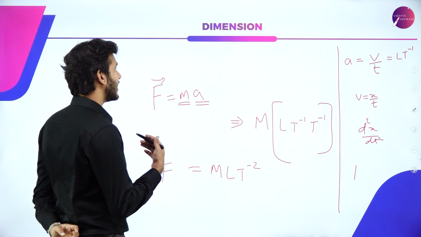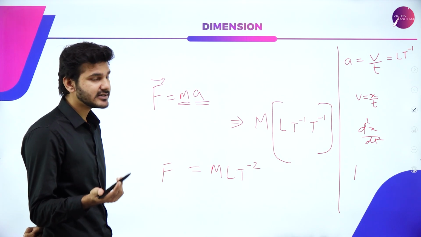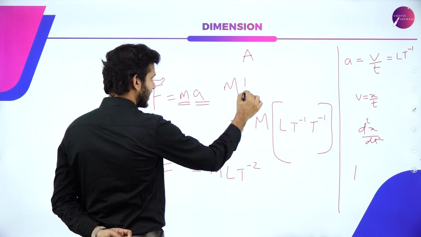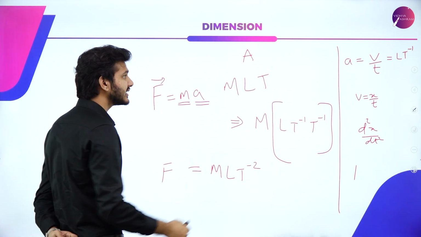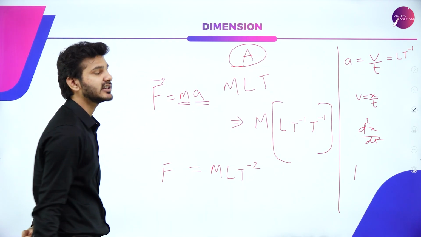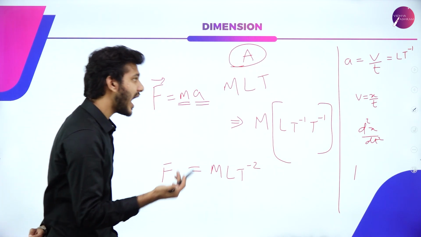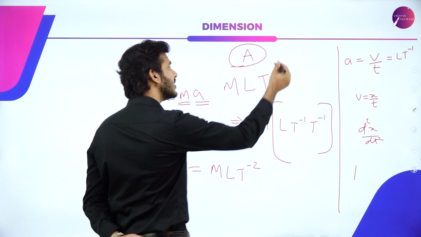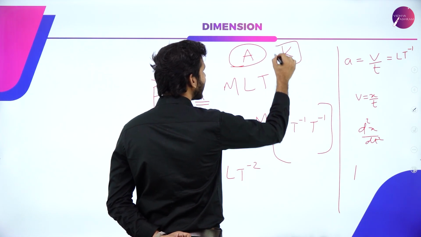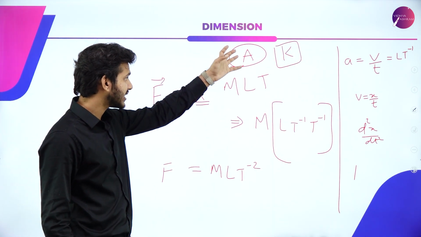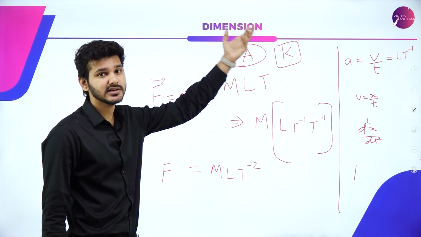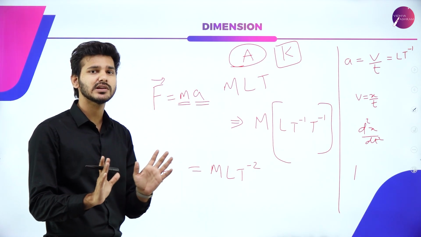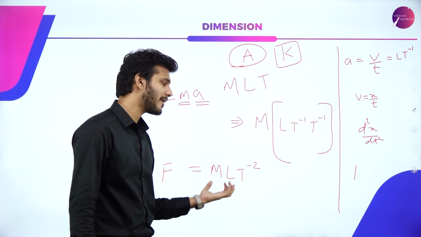So if I am writing the equation for electric current, then you have to use the term A, indicating amperes, like we are using M, L, T. If you are using it for temperature, we are not using T or small t; we are using the temperature indicator K, which is Kelvin. For luminous intensity it is CD. Like that, we will use different symbols. But most of your equations and dimension formulas will be just based on M, L and T.